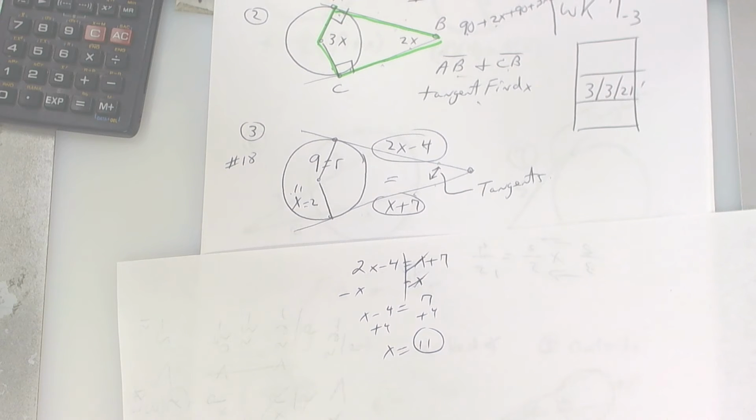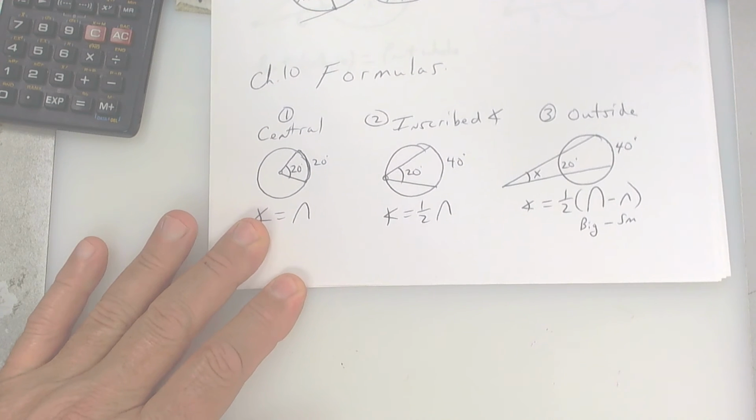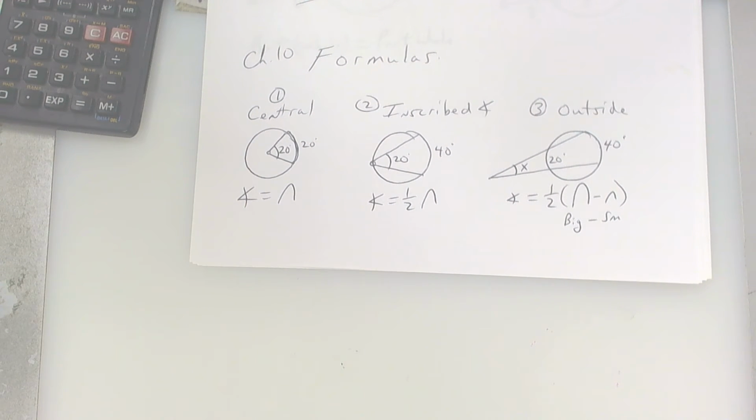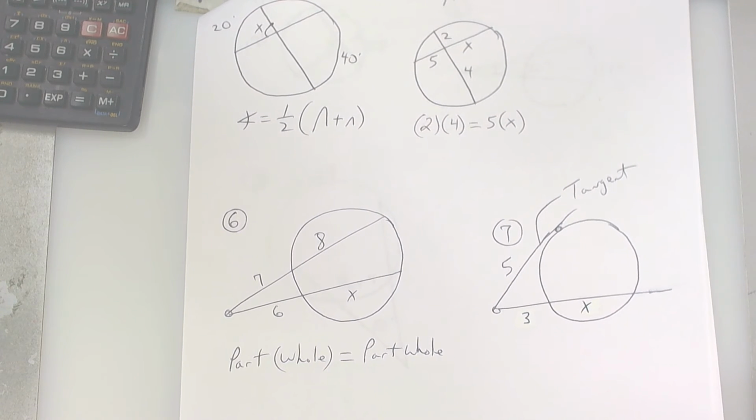Now look, there are 7 formulas for chapter 10. And here they are here. So copy these down. That's the first 3 on a new sheet of paper. Copy those down. Okay, now copy the rest of them. And the sooner you learn these, the better off you're going to be. So copy those down.